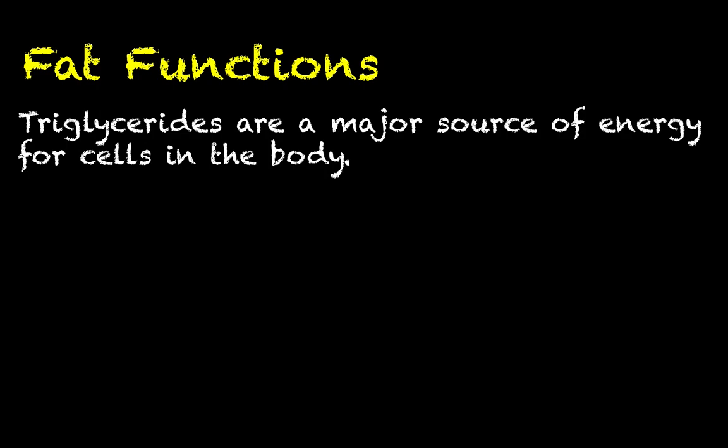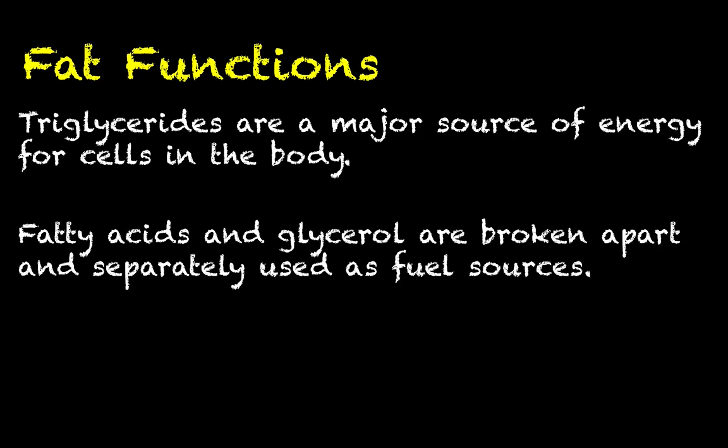So as far as functions for triglycerides go, triglycerides are one of the major sources of energy for cells in the body. As far as how cells go about breaking down triglycerides to get energy through cellular respiration, we're not going to spend a whole lot of time on that right now, but basically fatty acids and glycerol have to be broken apart by hydrolysis, and then they get used separately as fuel sources.